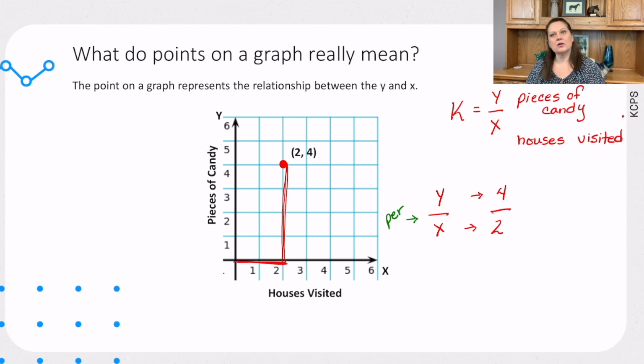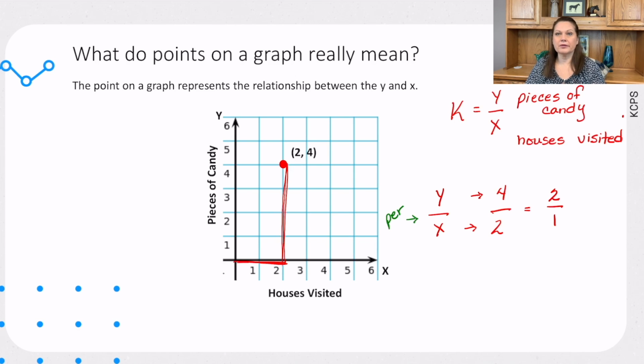Now, that might sound a little strange to you because we can simplify 4 to 2. We can take it down to unit rate, and when we do that, we divide both 4 and 2 by the factor they have in common, which is 2. And we can simplify that to 2 over 1.